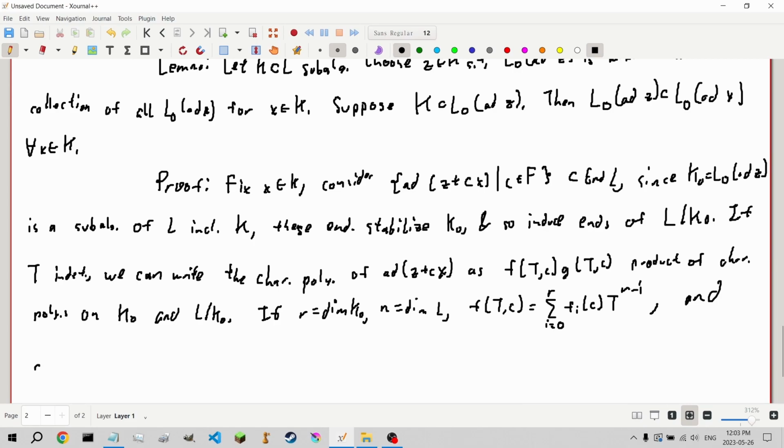And g of T, C as the sum from 0 to n minus r of g_i of C times T to the n minus r minus i. This should be a function g, it's not the same f. With f_0 equaling g_0 equaling 1.